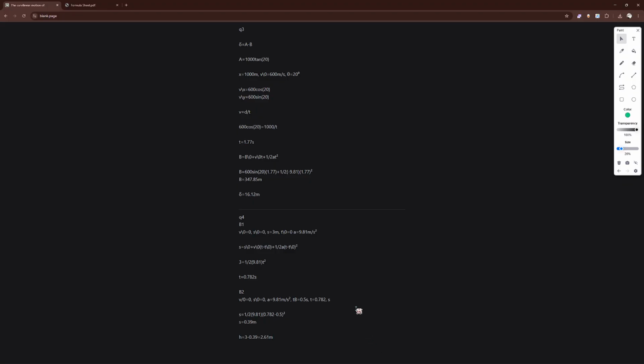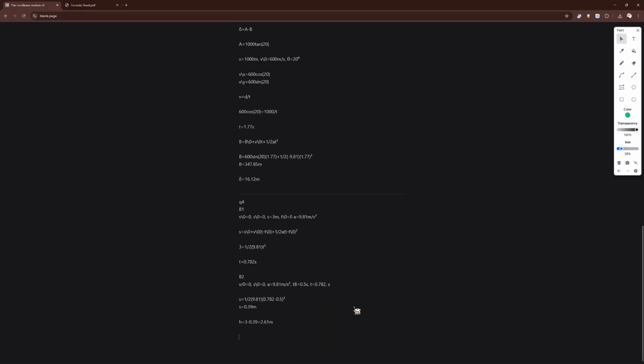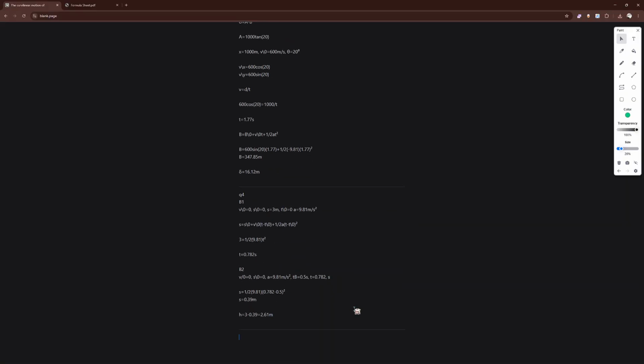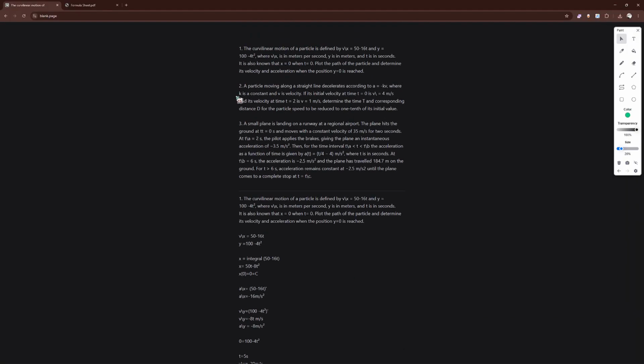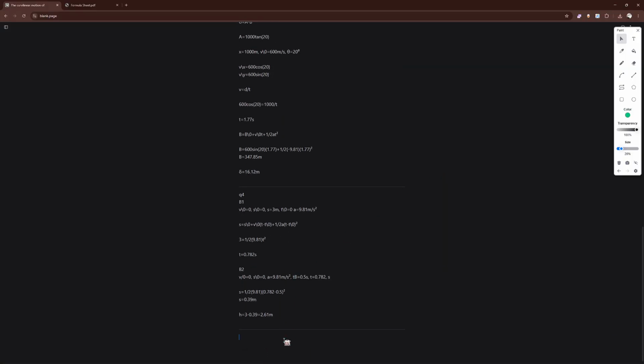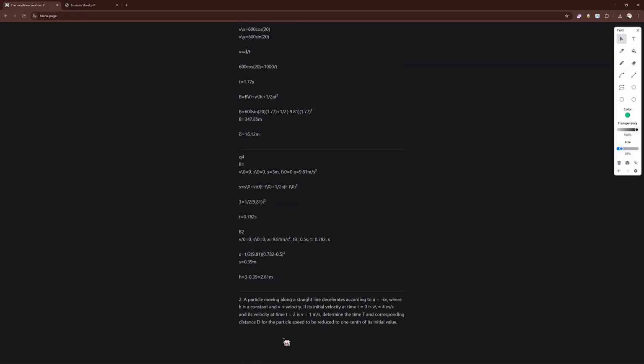Next question is actually not a picture question. So, yeah, it's this one. I'm saving this number 3 for last because this question's really long. Anyways, what do we see here? We have A, acceleration as a function of velocity, negative kv.